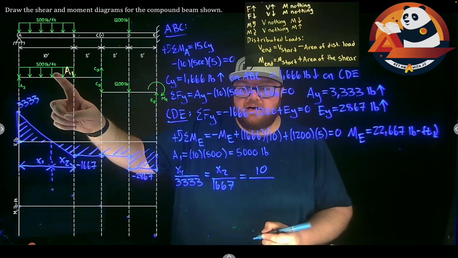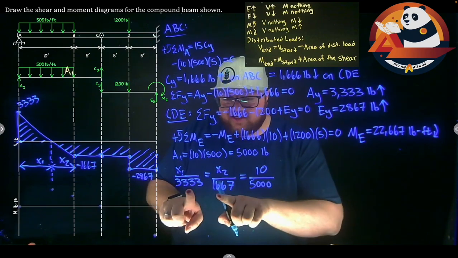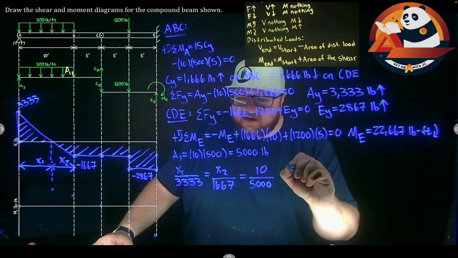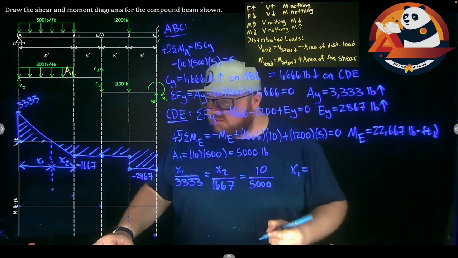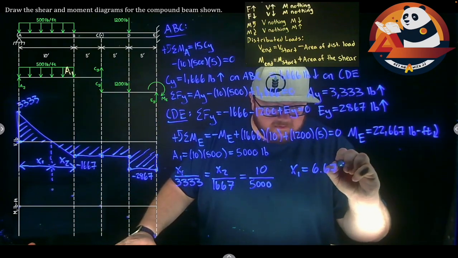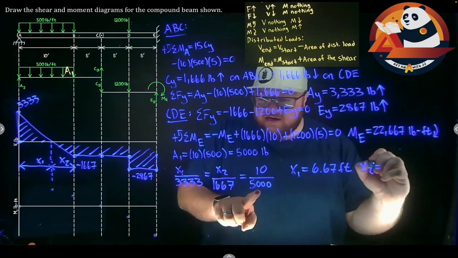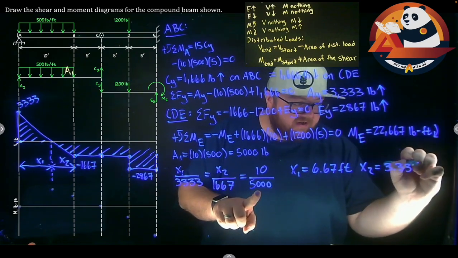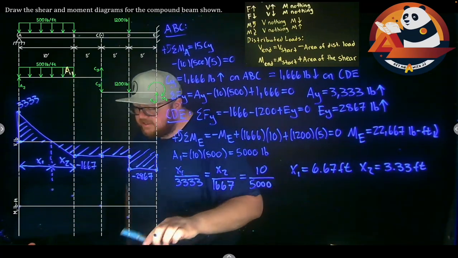Area 1 was 5,000, which we could also get by just adding those two together. But solving that, x1 over 3333 equals 10 over 5,000. We're going to get that x1 is 6.67 feet. And similarly, x2 over 1667 equals 10 over 5,000. x2 is 3.33 feet. And the easy check is those two do add up to 10. So we're on the right track with this.